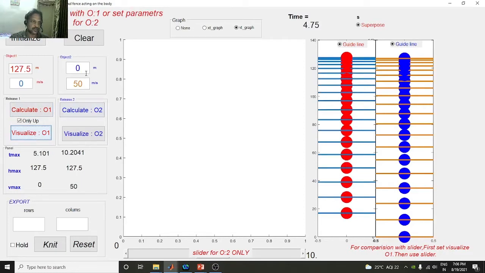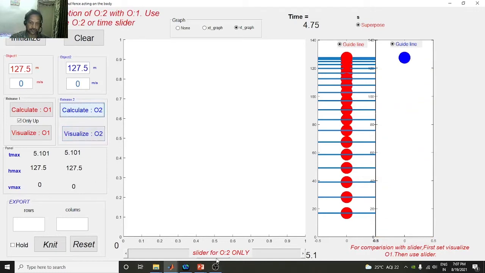Now let us compare it. The object is at 127.5 meters and it is just released with a speed of 0 meter per second. That is, it is neither pushed nor pulled.